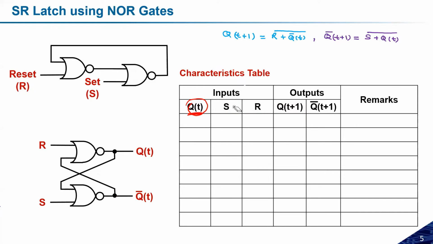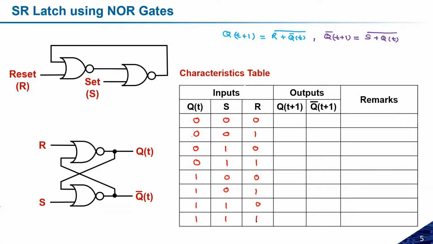If I have three variables, there are eight possibilities: 000, 001, 010, 011, 100, 101, 110, and 111.